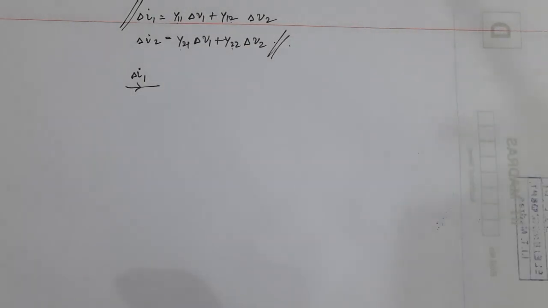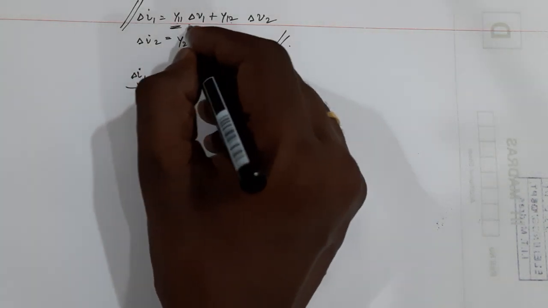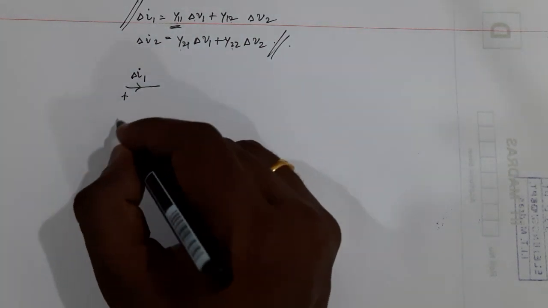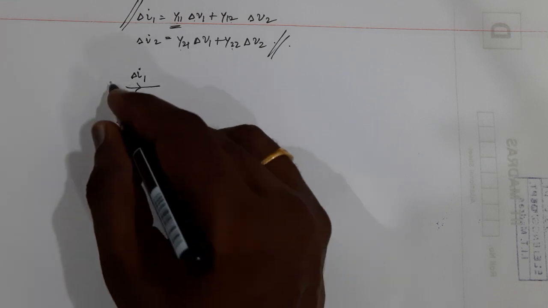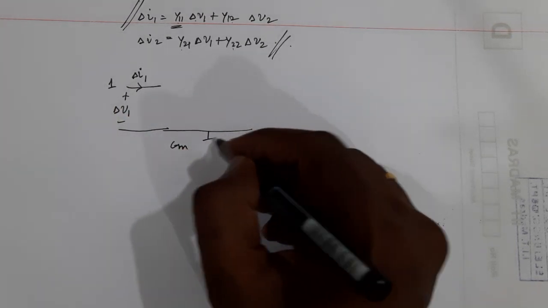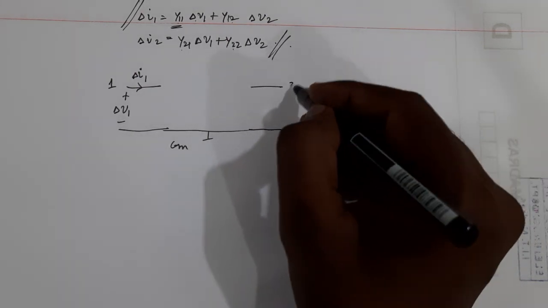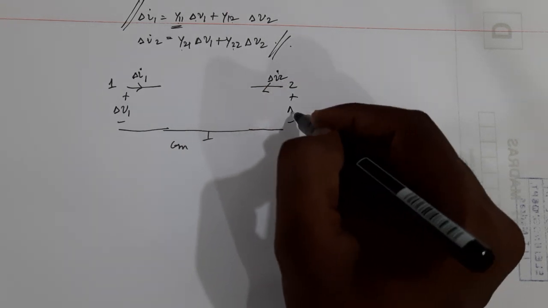These four parameters should appear accordingly. Y11 is defined by Y11 times delta V1, meaning the voltage between port 1 and this common terminal, let us say ground. Then this is port 2, and this will be delta I2 and this will be delta V2, right?